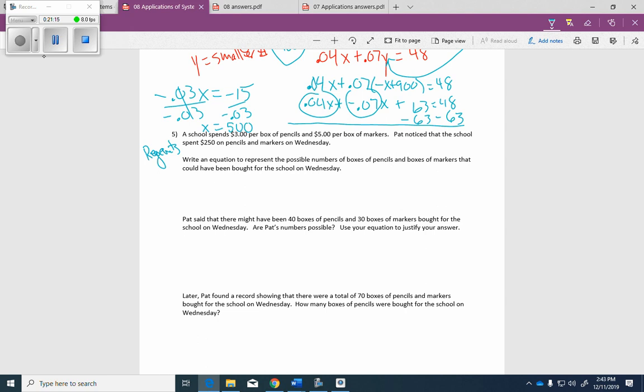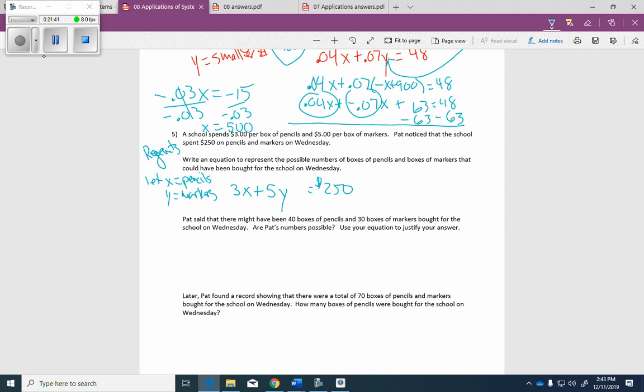So my total is $250. It's money, so I need money over here. If I do $3 times X and $5 times Y, I guess I just let my X equal the boxes of pencils and my Y equal the boxes of markers.